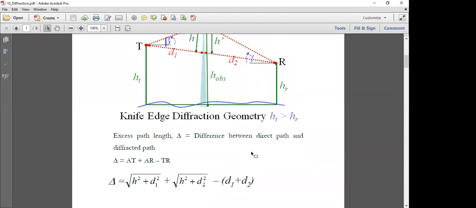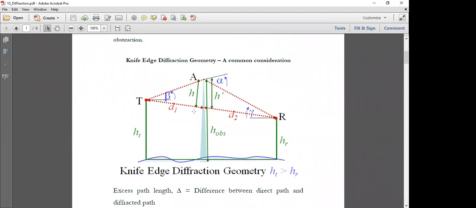But it also depends on the path difference, where by path difference I mean the path TR compared with the path AT plus AR. For the diffracted power, the total path the signal is covering is TA plus AR.